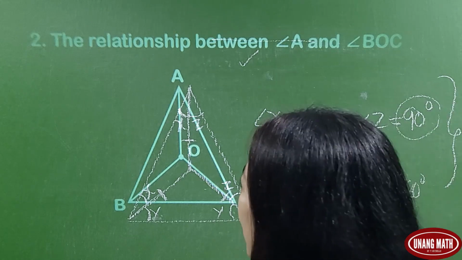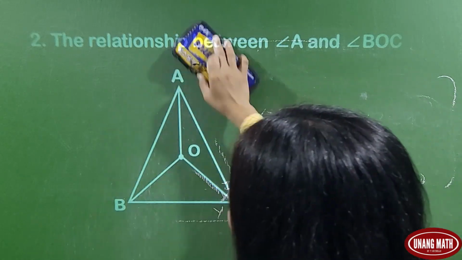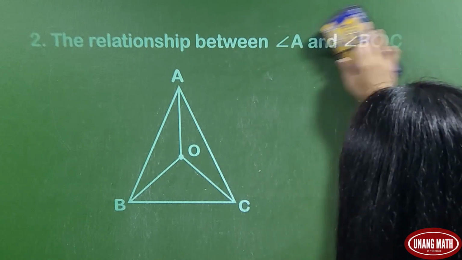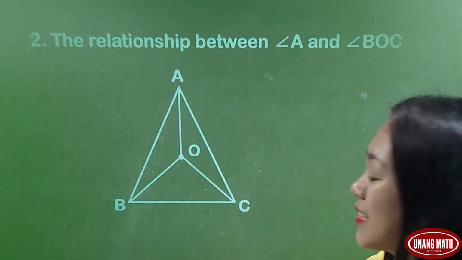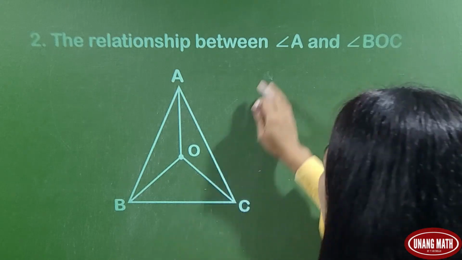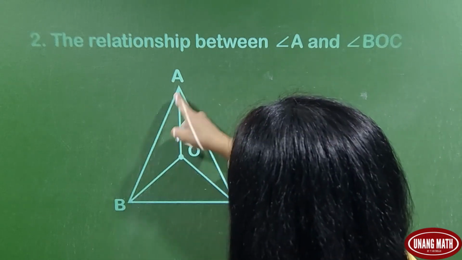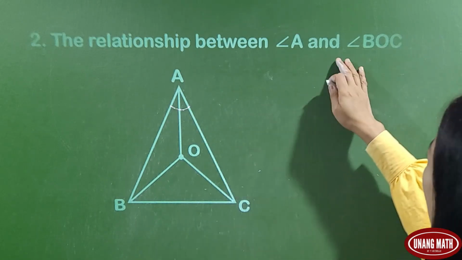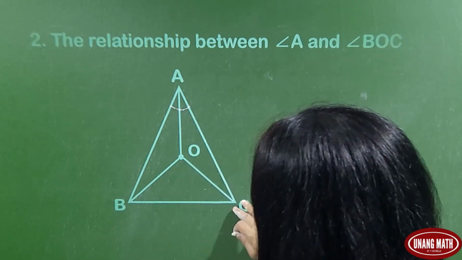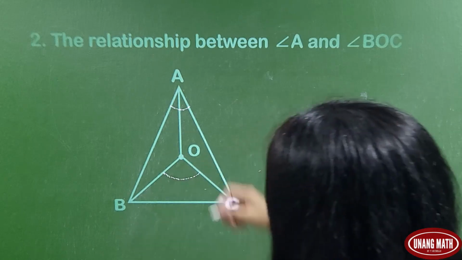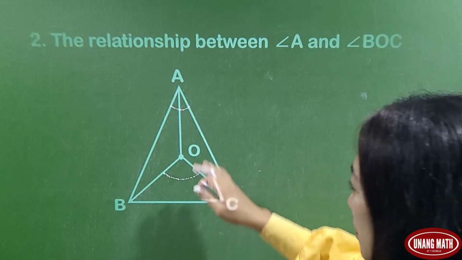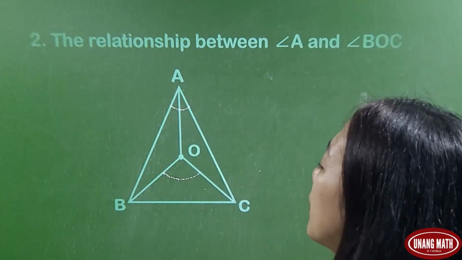Moving on to the second one, we have here the relationship between angle A and angle BOC. First, let's find where angle A is. Angle A is this angle. What about angle BOC? It means this angle. So what's the relationship between these two angles?